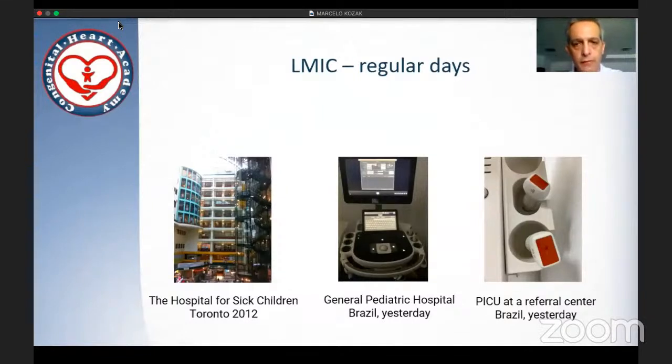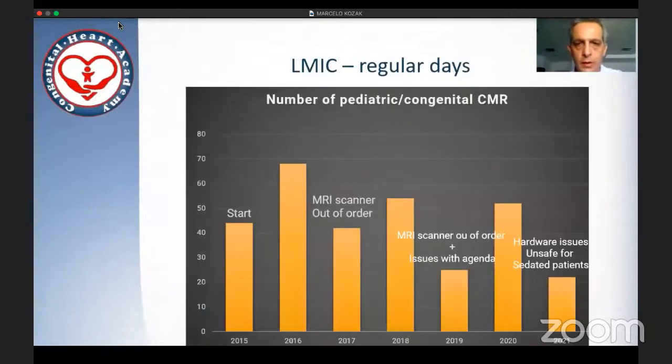We do have complex cases there, but not so frequently. In the right panel, you see the equipment that is used at the cardiac PICU. You see that there is damage in the probe. So this is our reality, and you have to deal with that every day.